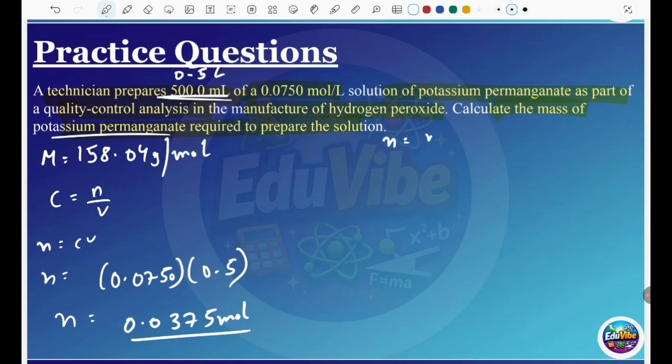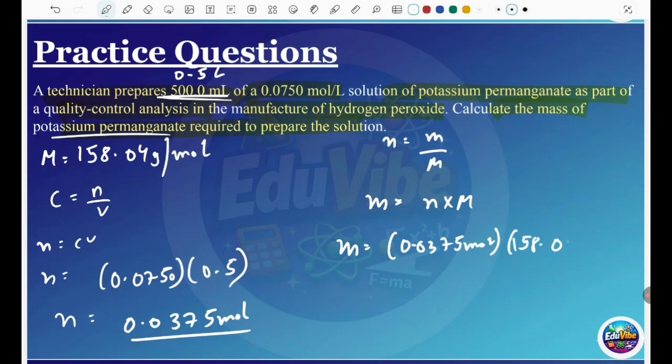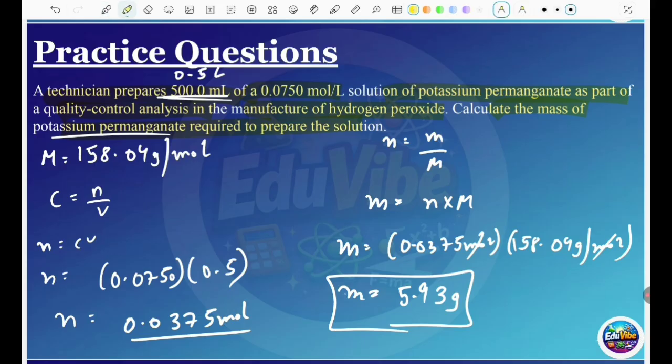You know n is equal to mass upon molar mass, so mass is equal to moles times the molar mass. So you put the values: 0.0375 moles multiplied by 158.04 grams per mole. Moles cancel. You will get a mass of about 5.93 grams.